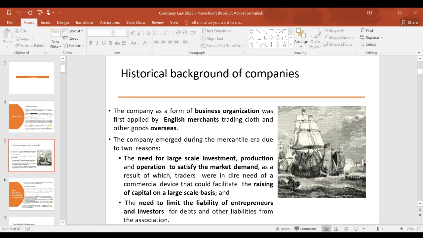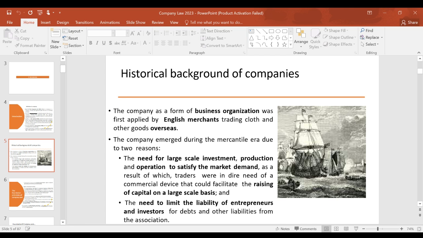They needed to limit the liabilities of those who were investing in those businesses. It was also one of those driving factors that created companies, to shield liabilities from those members who come together to contribute towards the capital investment of that kind of business.